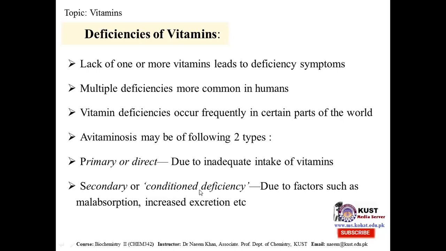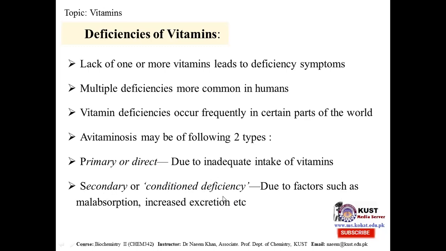Secondary or conditioned deficiency will be due to factors such as malabsorption or increased excretion, for example. The secondary type may be that an individual is taking enough vitamins, but there are problems with absorption, they cannot properly absorb the vitamins, so they are excreted.